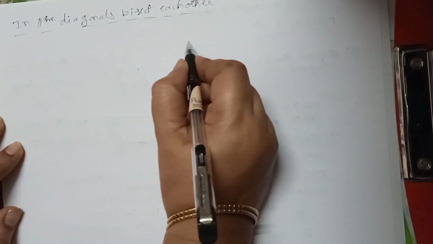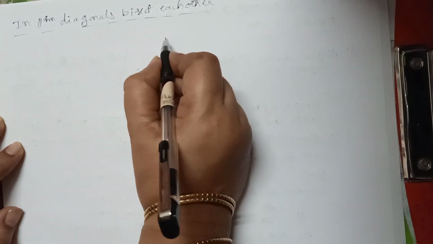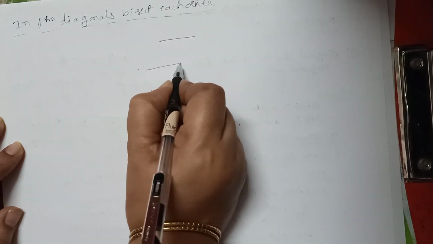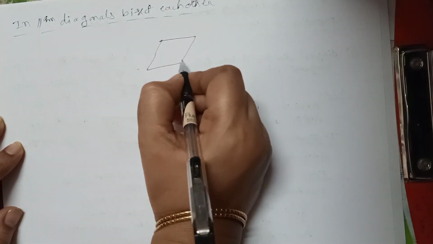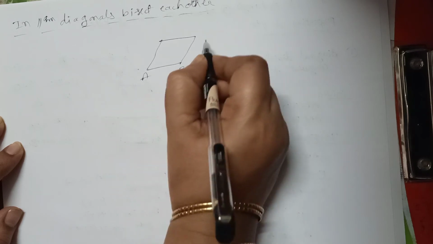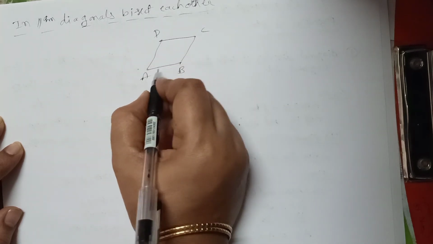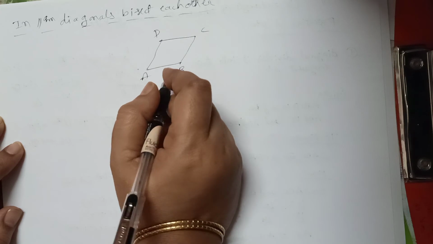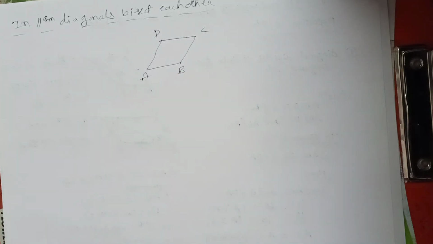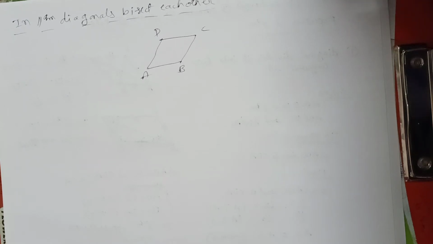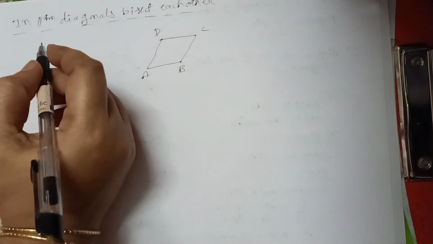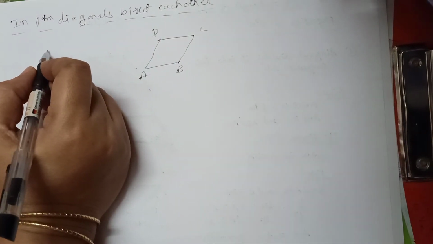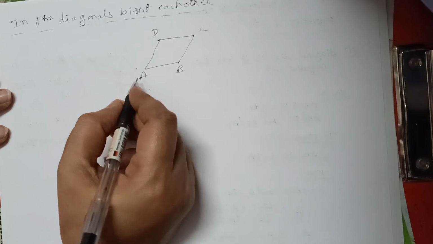Now consider a parallelogram ABCD. ABCD is a parallelogram means, what is the definition of parallelogram? In parallelogram, both pairs of opposite sides are parallel.